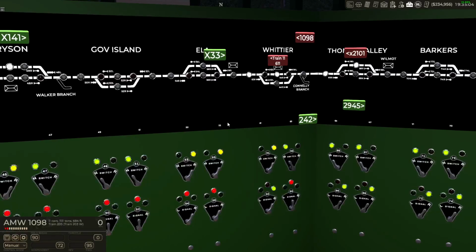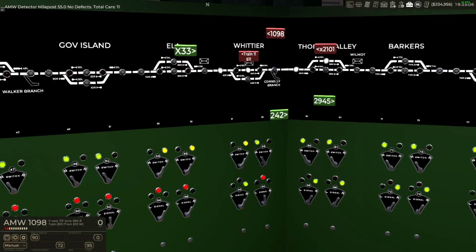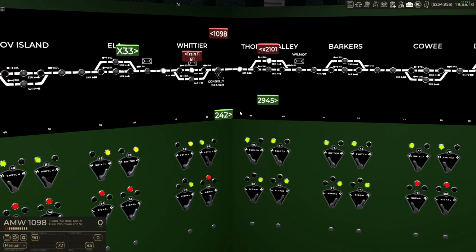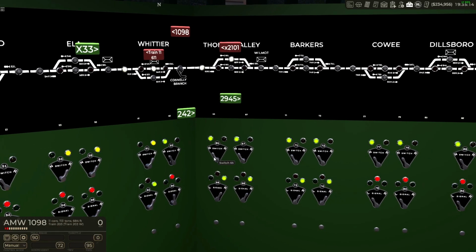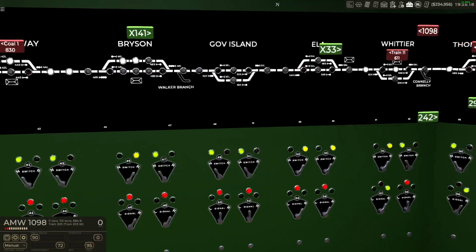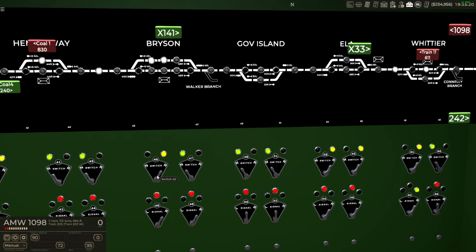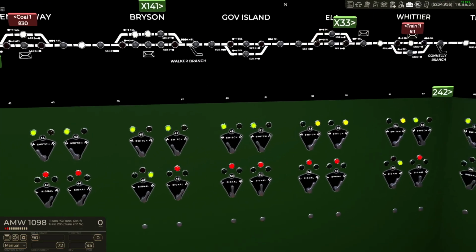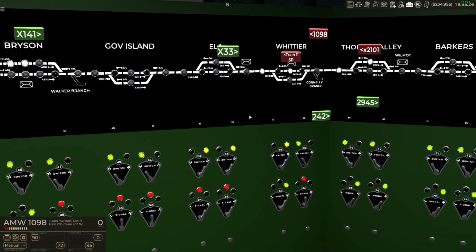Correct. And sadly, that's a lot of the stuff that has become a little more compromised with modern Class 1 railroading: there's less and less people in middle management that have actually been railroaders. Mm-hmm. It's difficult to understand the scope of what you're dealing with unless you've actually been out there to see it. It's not impossible, but it's difficult.